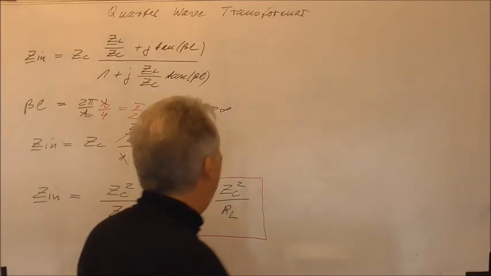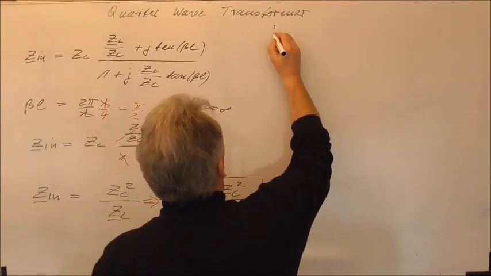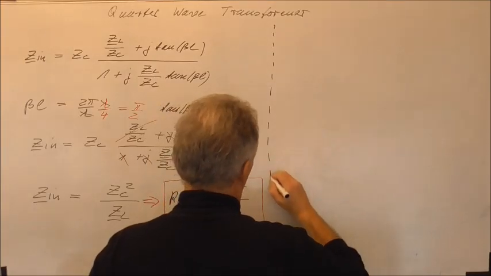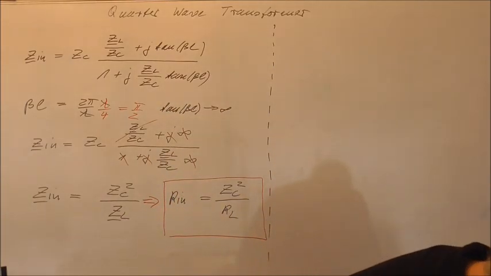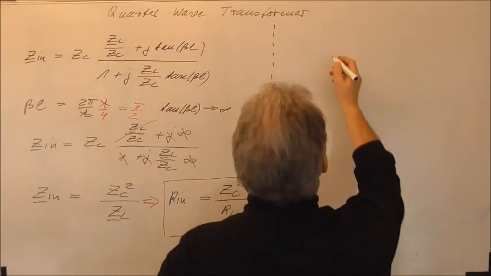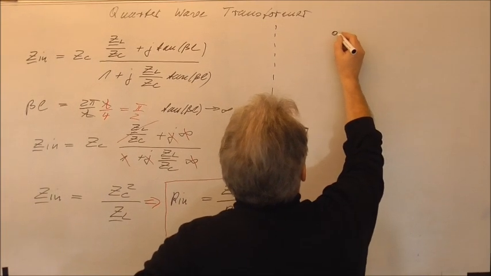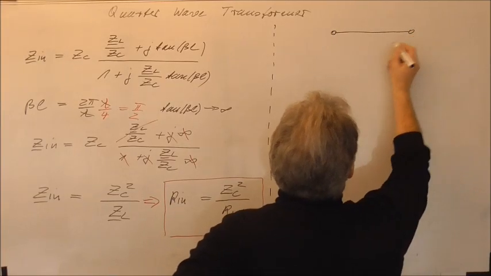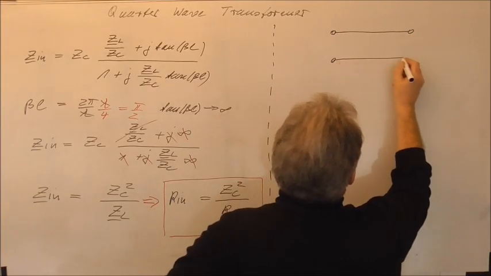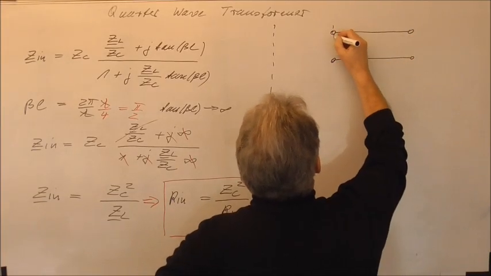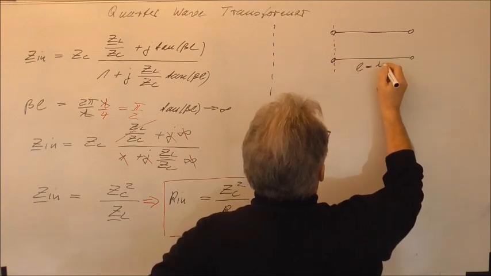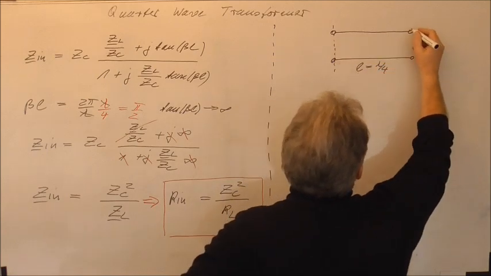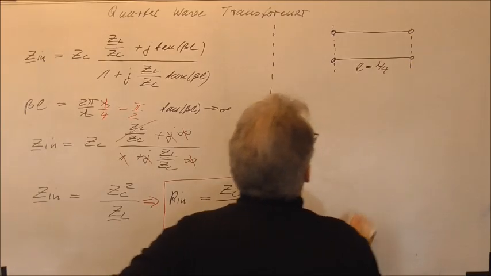So for example, I will do a little example here. Let's assume that we have here our transmission line, but the length of this transmission line is lambda over 4 at a certain frequency.